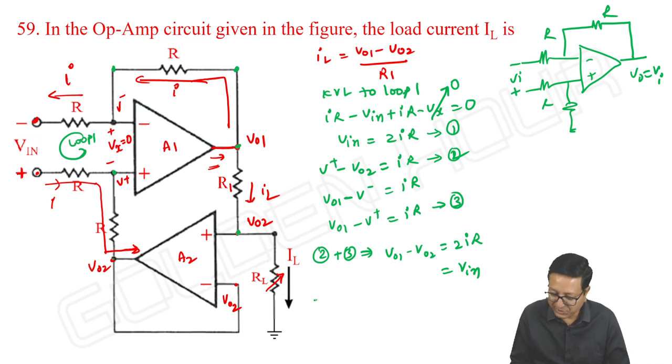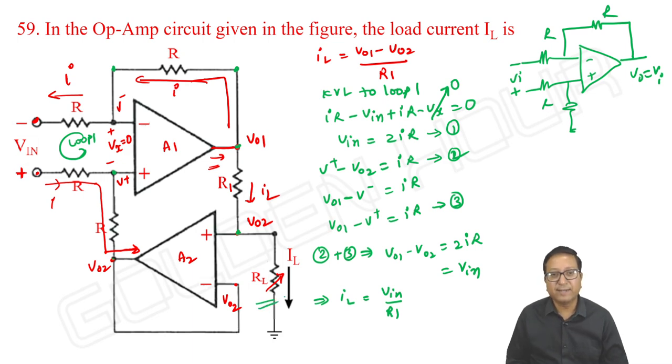Anyway, this implies IL is equal to VO1 minus VO2, which is V input by R1. And the same IL is flowing through RL, and it is independent of RL. The current through RL, or the device you want to drive connected in place of RL, will experience a current proportional to the input voltage. Okay, that's it. This is how we can analyze this circuit.